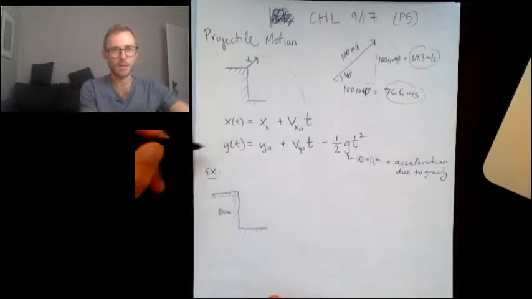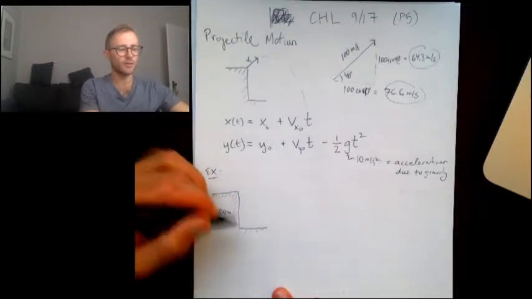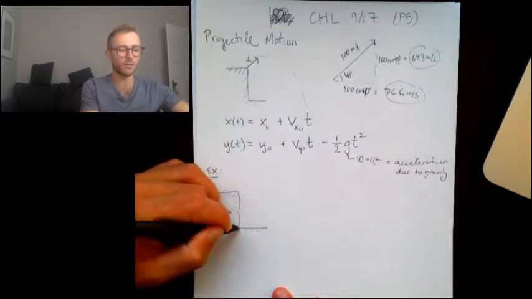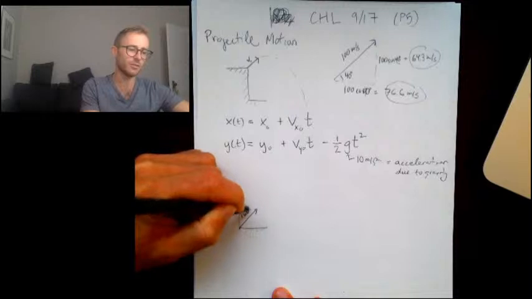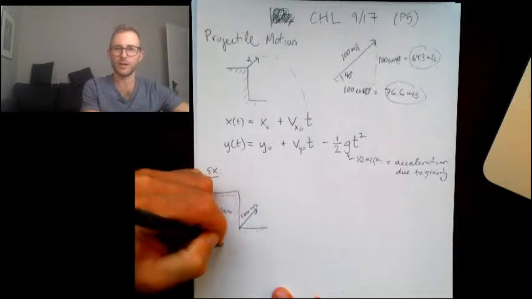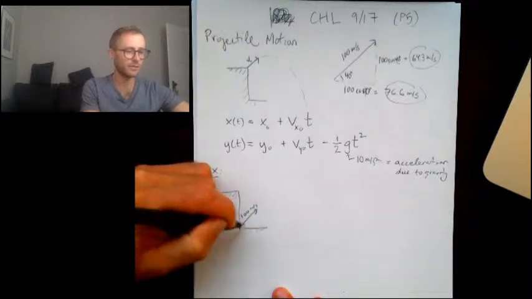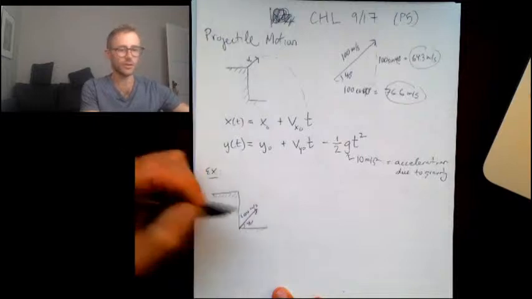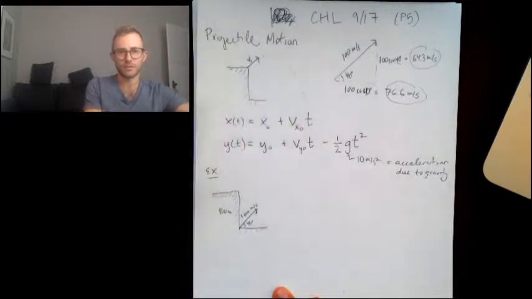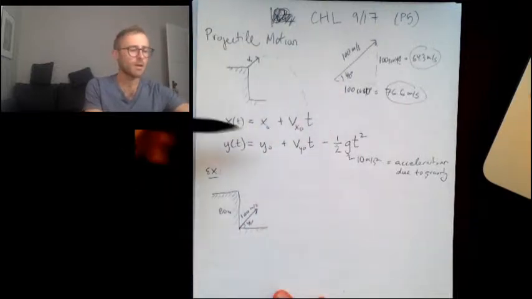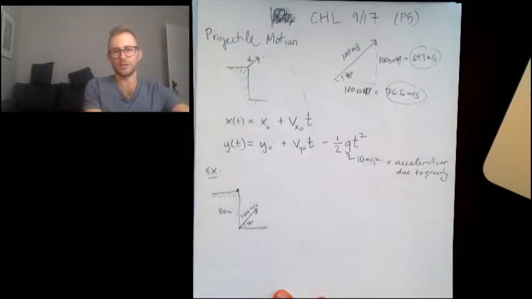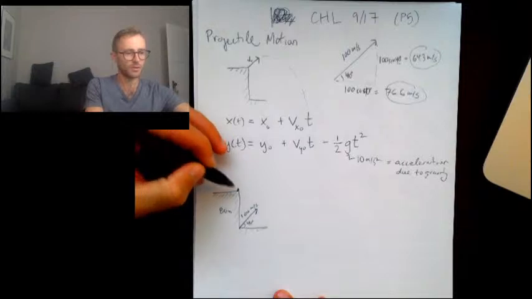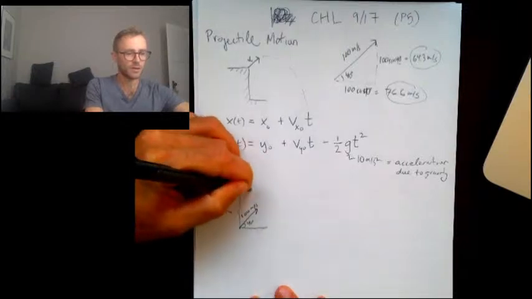At the base of the cliff, we have a projectile that is launched at a speed of 100 meters per second at an angle of 40 degrees, so it's going to follow this formula. And then there's a second projectile that is launched from the top of this cliff, and this one is launched horizontally.